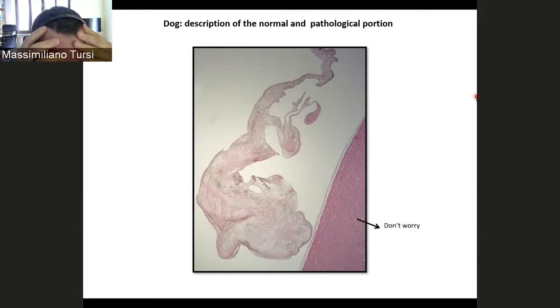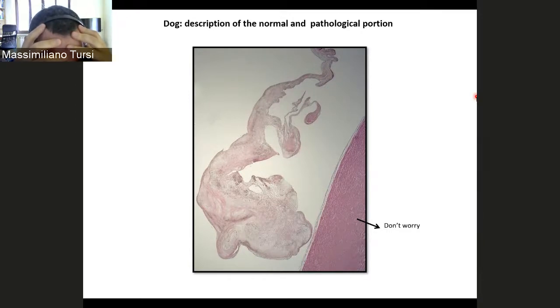That's because the degeneration induces a floppy situation. Because in myxomatous tissues, between the cells, because in all connective tissues we have cells and matrix, the cells are elongated, and the matrix is very abundant.